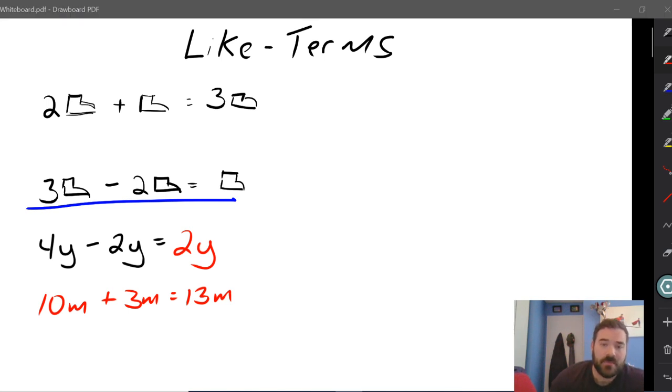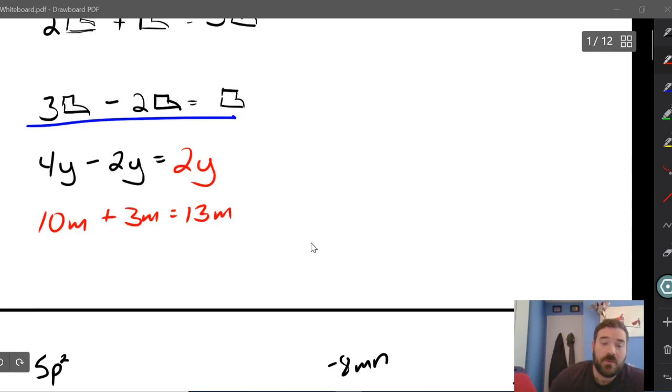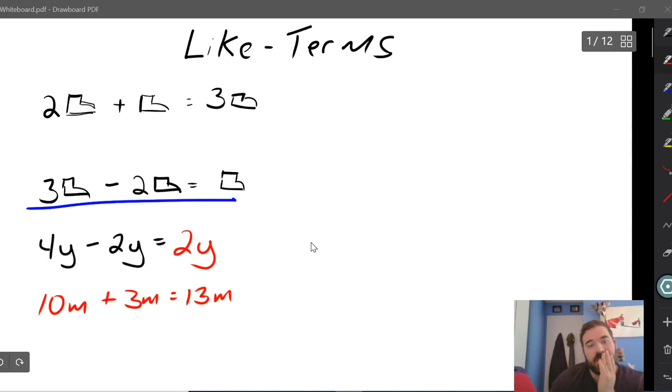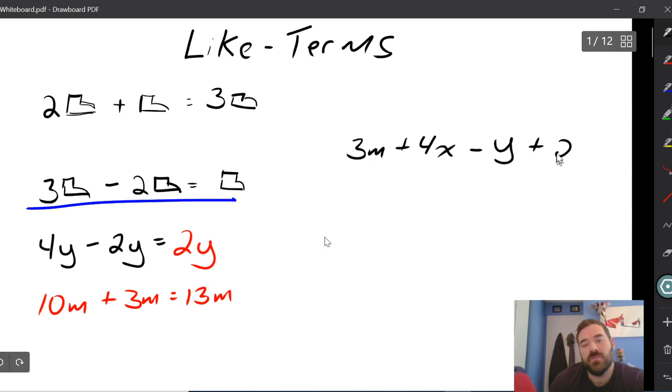A like term, a term, first of all, is separated by addition and subtraction. So if I have an expression, and my expression is 3m plus 4x minus y plus 2. This expression has 4 terms.